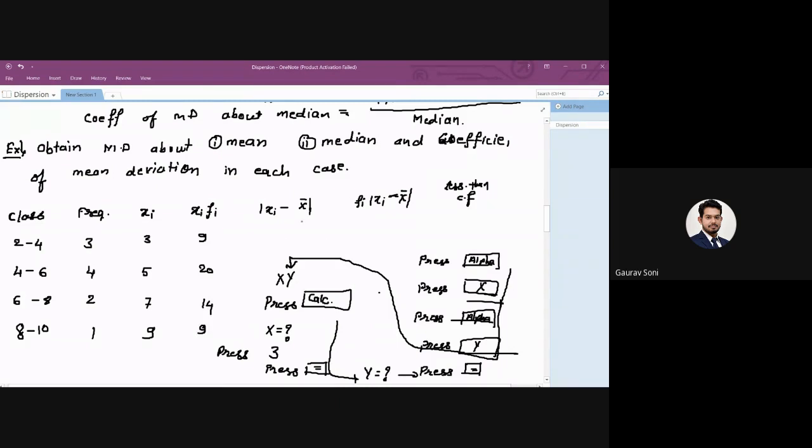So now what we can do, can I reduce the number of columns? How will we reduce the columns?